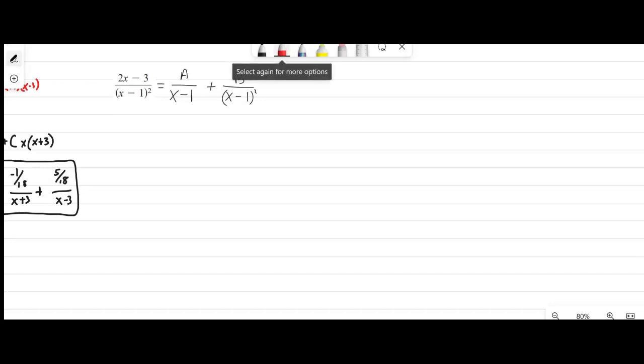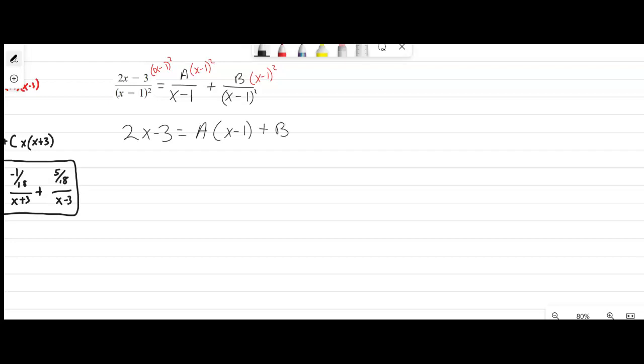And again, we repeat our process. We are going to multiply by x minus 1 squared this time. And now we get 2x minus 3 equals a times x minus 1. And then we get b.